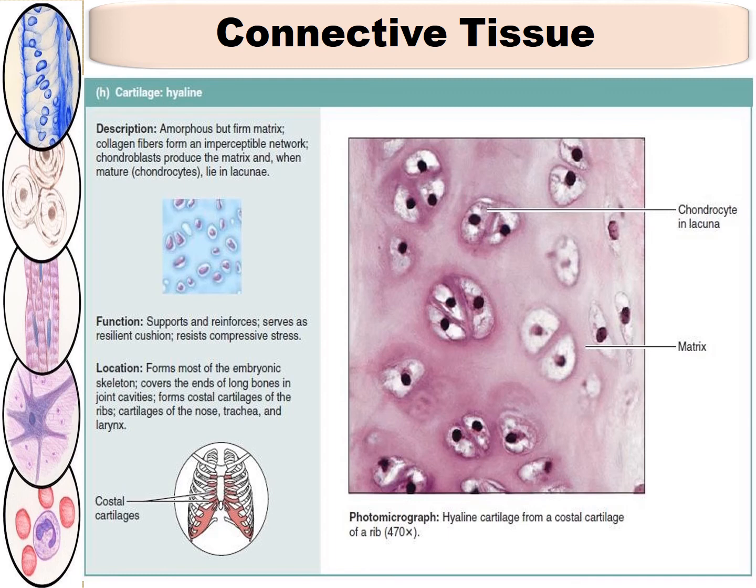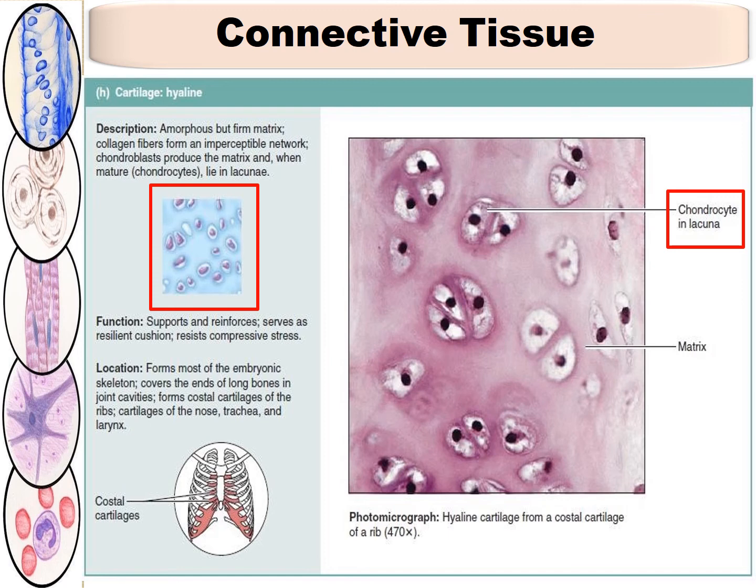Chondroblasts produce the matrix, and when the chondrocytes mature, they lie in lacunae. This hyaline cartilage supports and reinforces, and also serves as a resilient cushion.